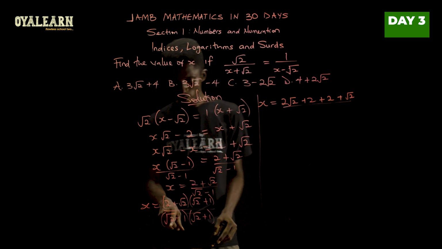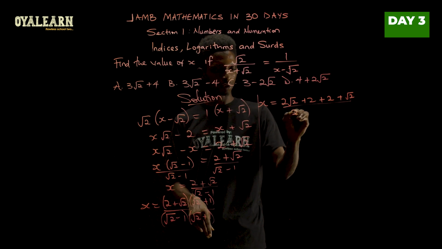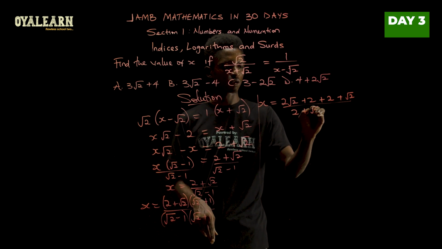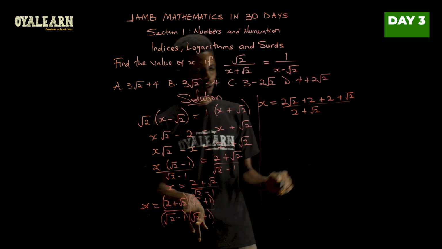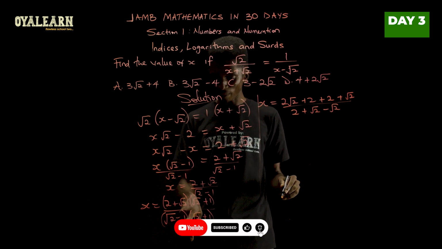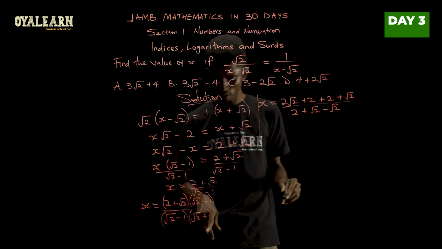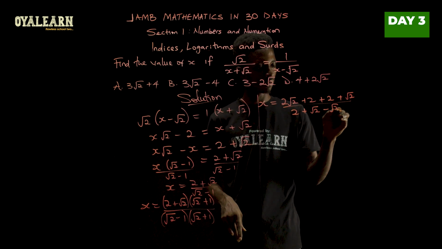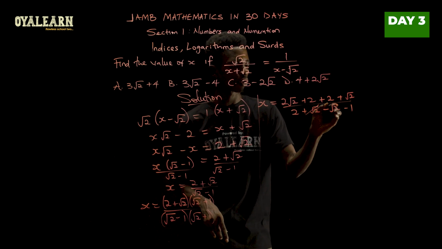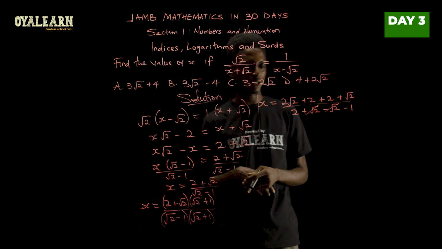All over surd 2 times surd 2, that is 2. Surd 2 times plus 1, that's plus surd 2. Minus 1 times surd 2 will give us minus surd 2. And then minus 1 times 1 would give us minus 1. Here we see that plus surd 2 minus surd 2 gives us 0.